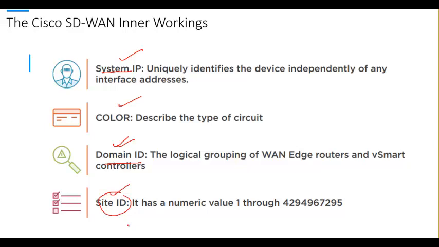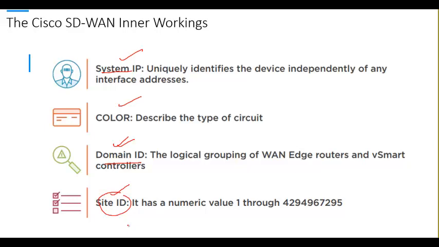Just once tell about this domain ID. After you told the site ID, slightly confused. Domain ID is simply to group all the WAN edges and vSmart. All the WAN edges and vSmart that belong to one business unit are identified with a domain ID. Domain ID is not for one site. Domain ID is for the entire SD-WAN fabric that belongs to one business unit.